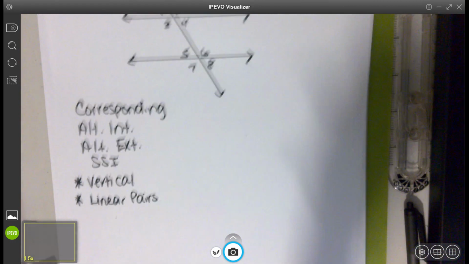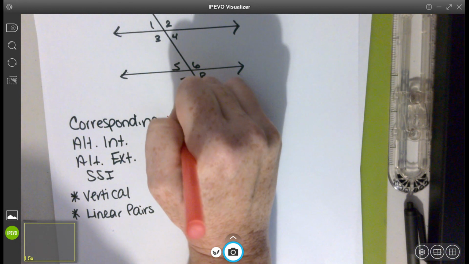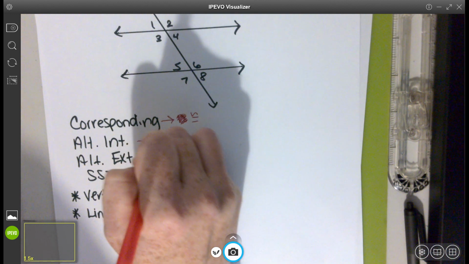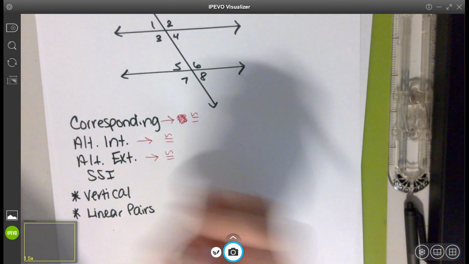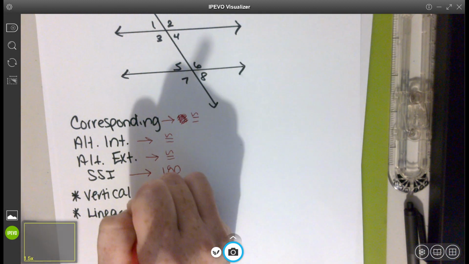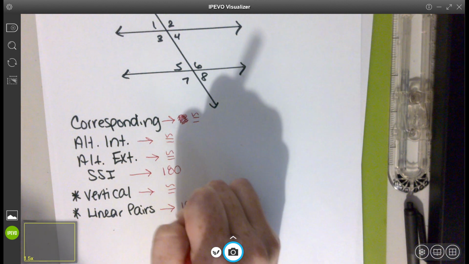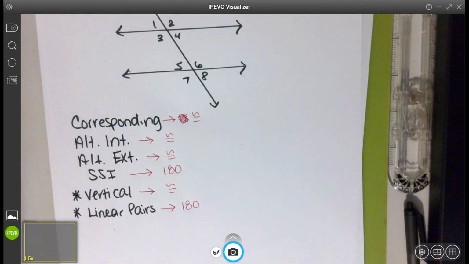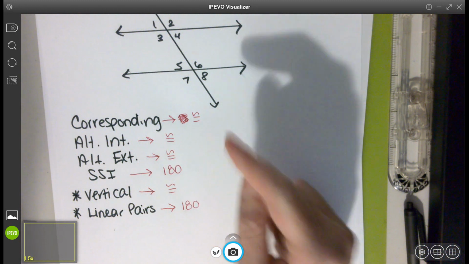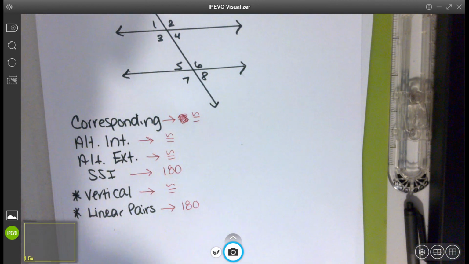So you need to remember that corresponding is congruent, alternate interior is congruent, alternate exterior is congruent, same side interior is 180, vertical is congruent, linear pair is 180. So make sure you write and identify which one is congruent and which one is 180 degrees. This will be helping us to set up our statements and or equations.